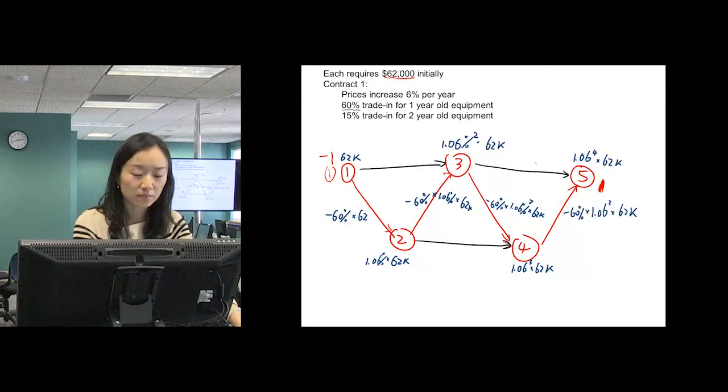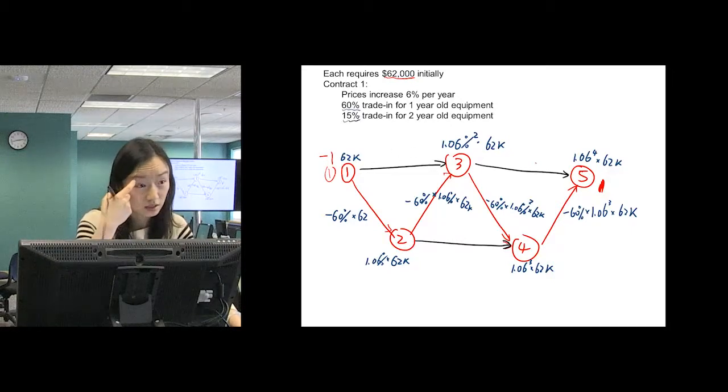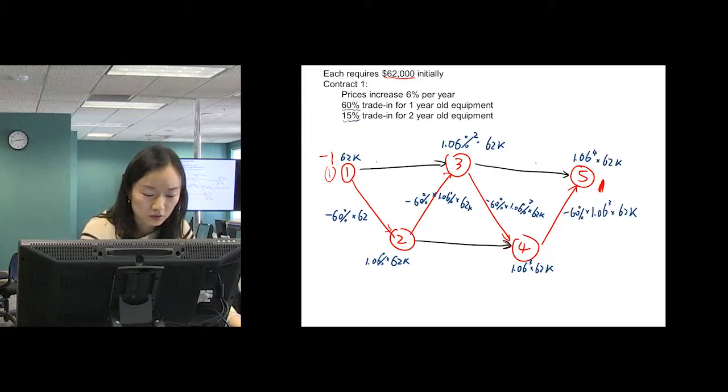We already put the price here, the cost that occurs when we buy the new equipment. But here we'll have a trading value. Remember now this is a 2-year trading, so we only get 15% back. So here it's 15% times whatever amount we paid for it, so it should be this 62K here.